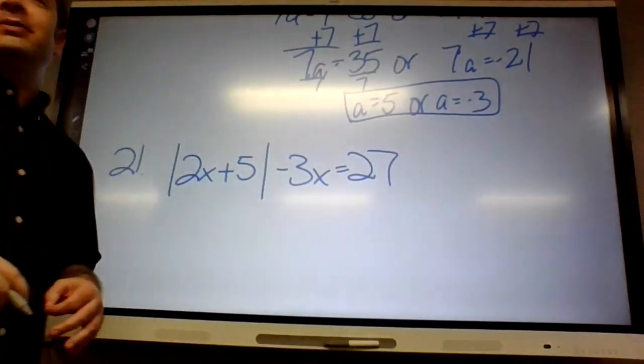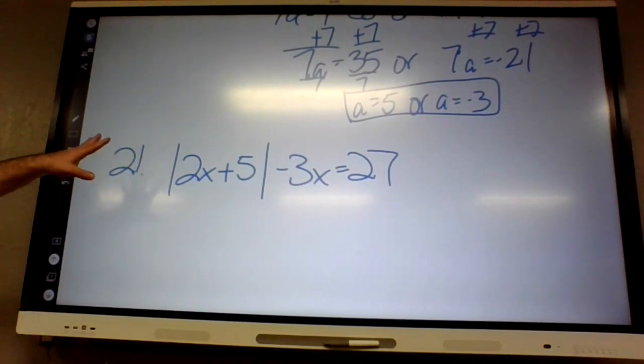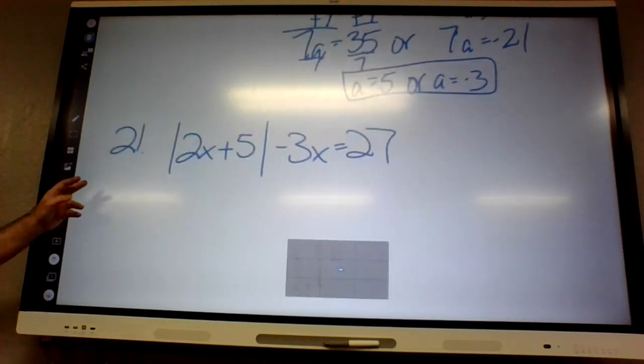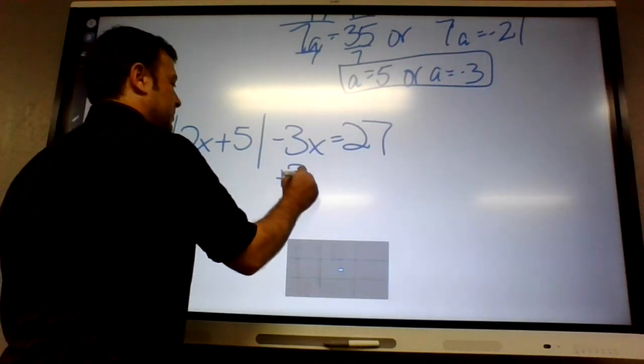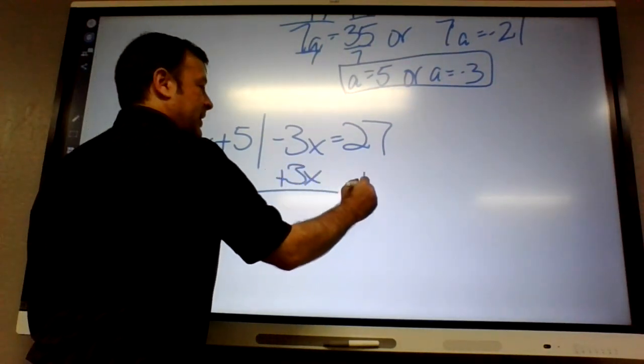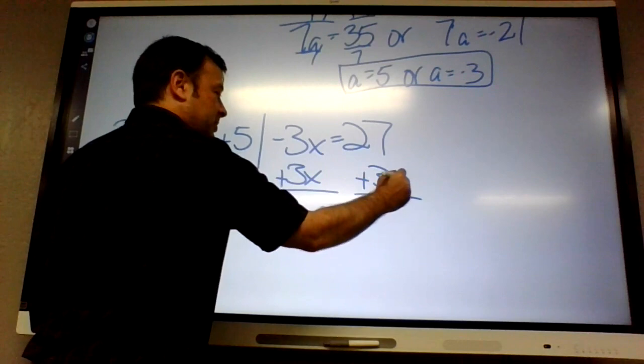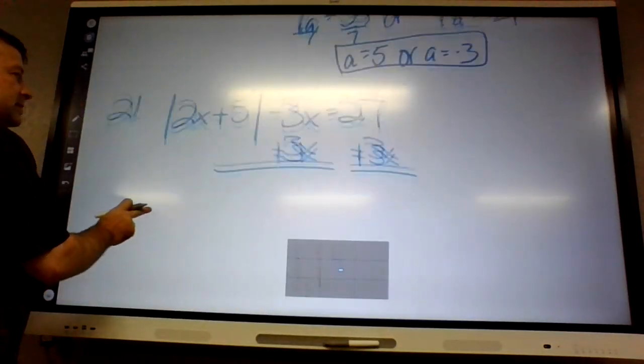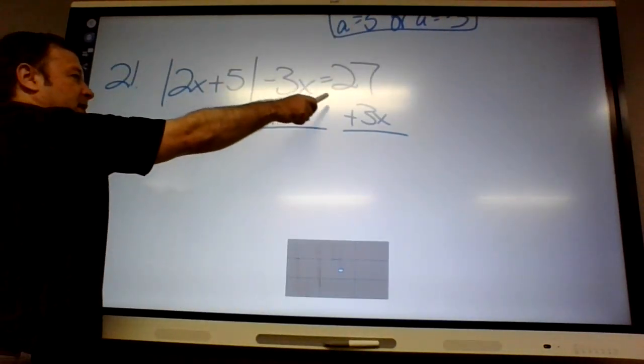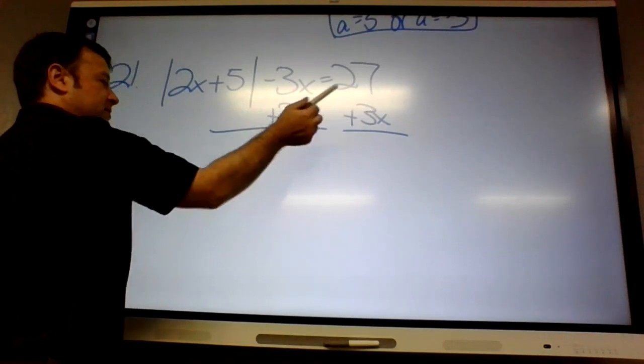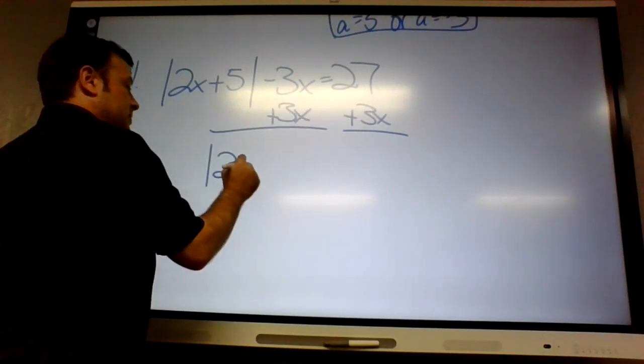Okay, well, I haven't done this as an example yet, so this is new to you guys. Does anybody want to guess what comes first, Eli? Add 3x. It's not that different than what we've been doing. It's pretty close. But the difference is there's an x outside the absolute value, so that changes a little bit.